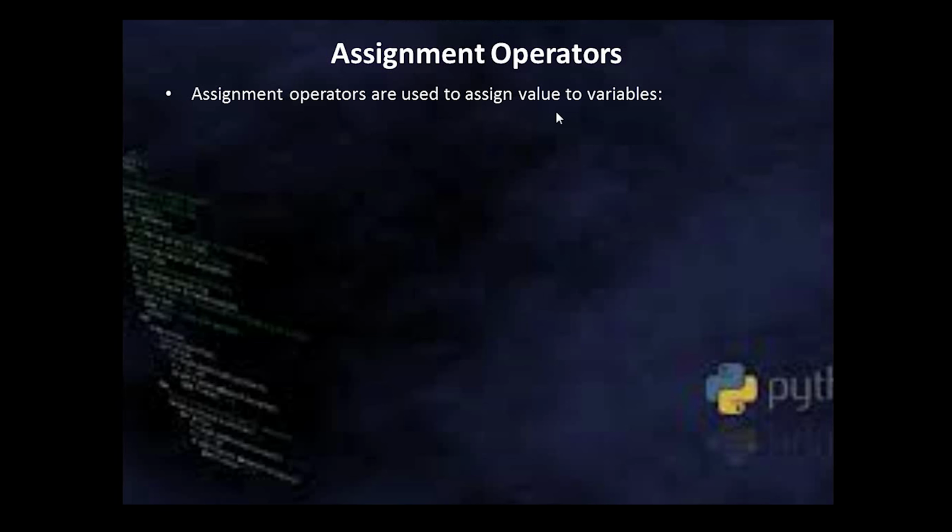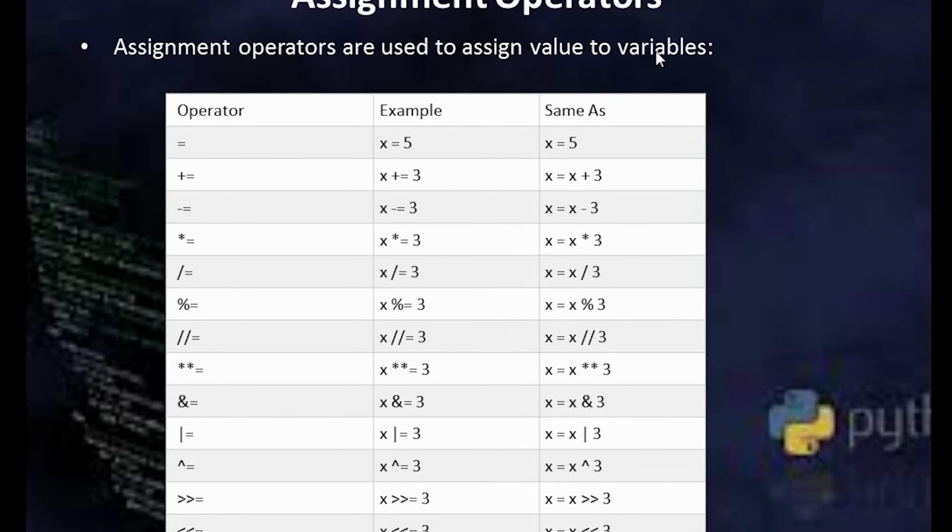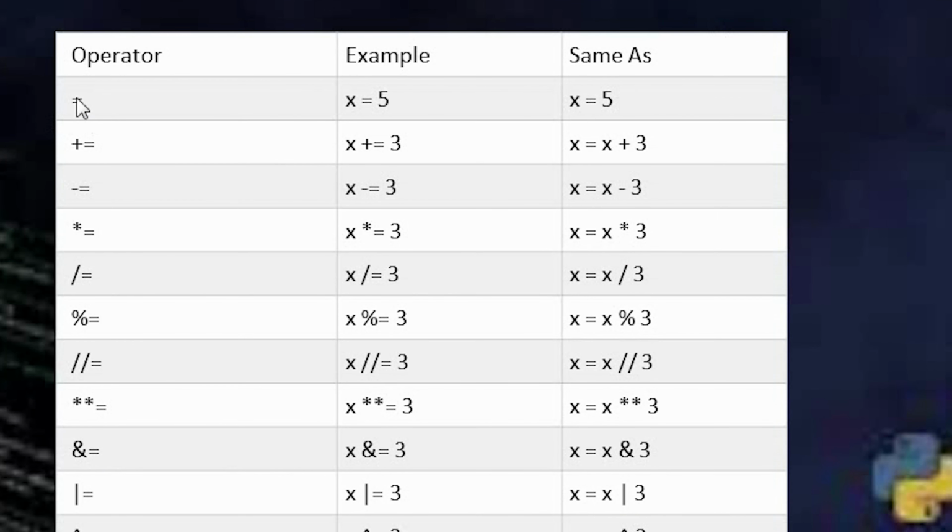The assignment operators are used to assign value to a variable. Examples I have given. First is the basic assignment operator, that is equal. Then we have plus equal. X plus equal to 3 is the same as x is equal to x plus 3. So dual operation, that is addition as well as assignment.